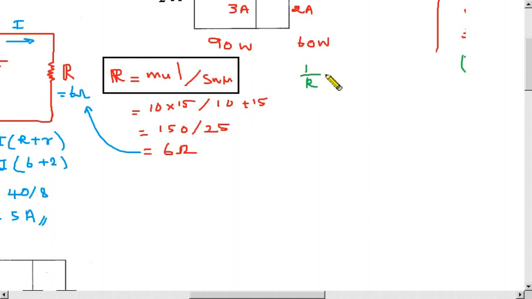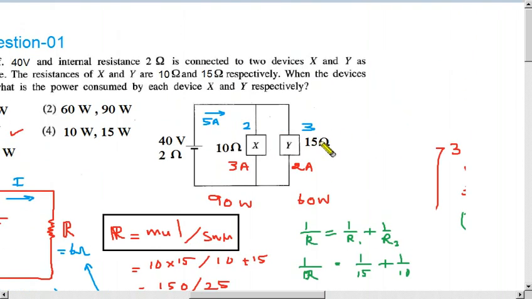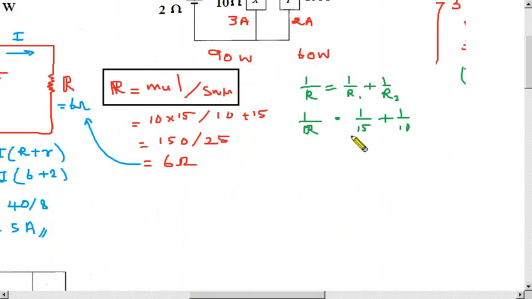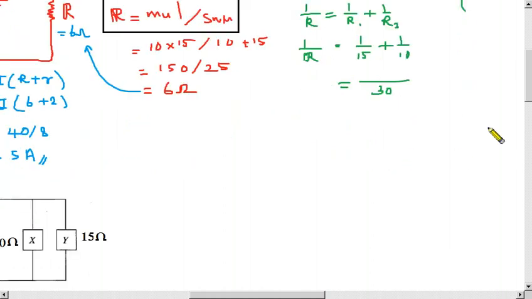1 over R equals 1 over R1 plus 1 over R2. 1 over capital R is what we are going to find out now. 1 over 15 plus 1 over 10. The original resistances are 10 and 15. So we can take 30, so here 2, here 3.